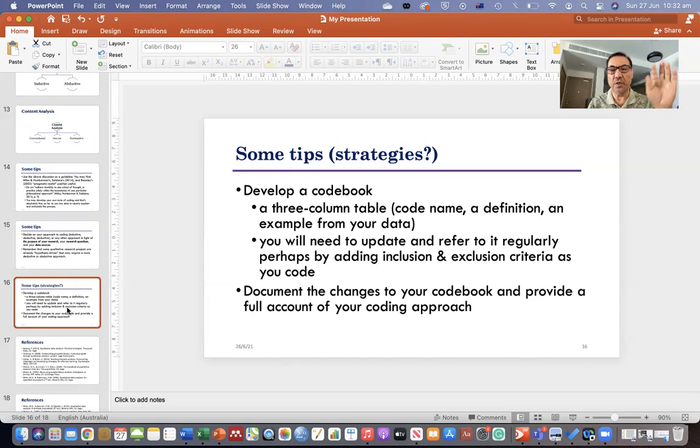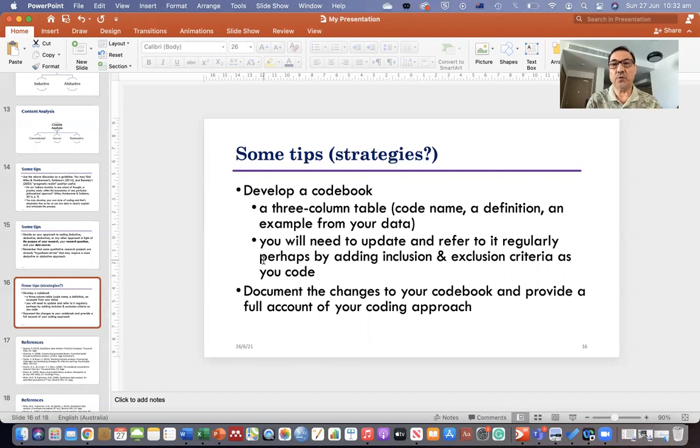In the first column, you can put a code name and give a name to your code. In the second one, give a description and a definition of the code. And in the third column, provide an example from your data so that you understand your coding scheme.